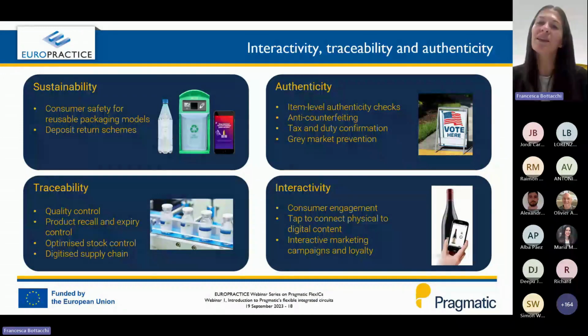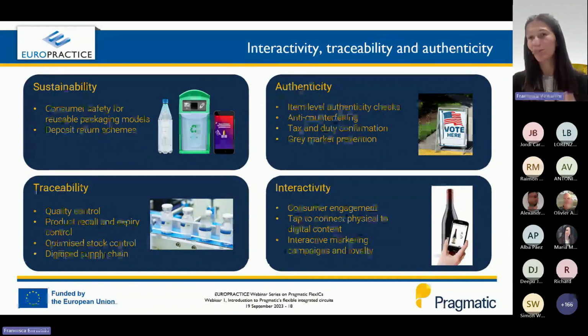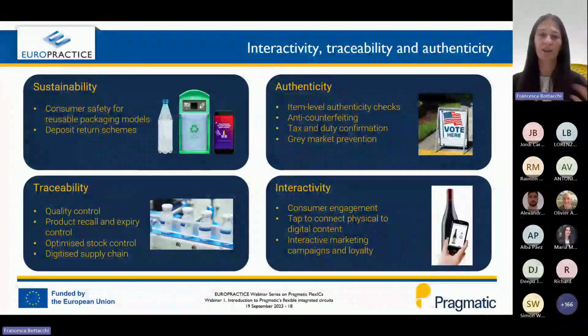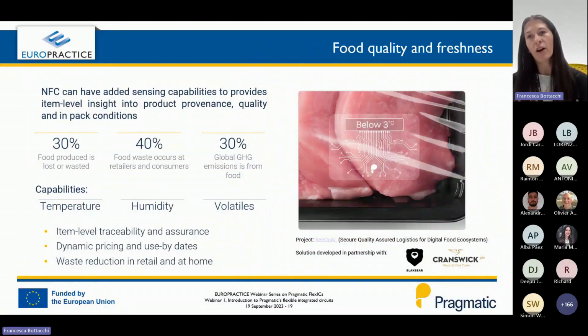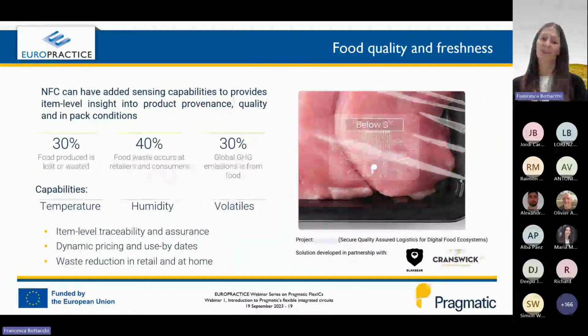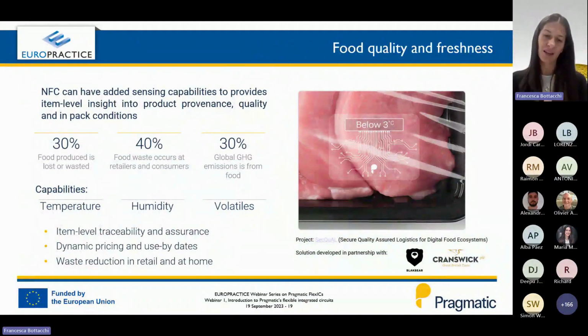And then interactivity, you can increase consumer engagement and connect physical to digital and implement loyalty scheme and really add some extra functionalities to your products. But you can also go farther. Not just an NFC tag, but you can add, for example, some sensing capability.